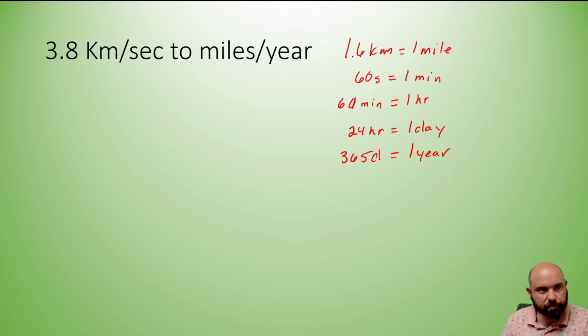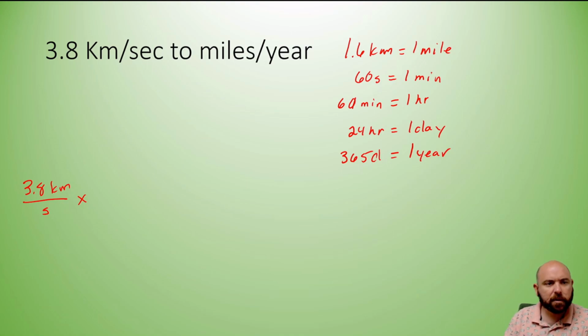So we can see that the distance conversion, kilometers to miles, is going to be rather simple, whereas we're going to have to set up multiple steps to go from seconds to years. But that's okay. Let's start with the distance, since we know it already. Write down what we know. 3.8 kilometers per second is our velocity. We want to know how many miles we can go in a year at that velocity. So we're going to convert those kilometers to miles.